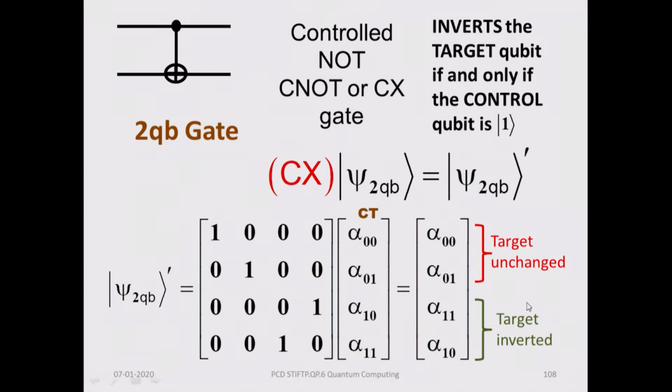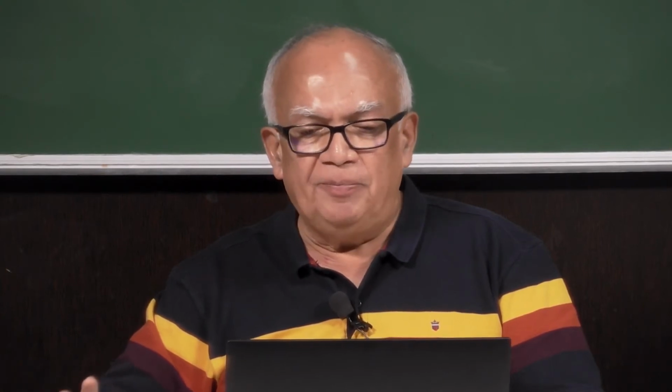And here these states have the control qubit as 1 and the target is 0 and 1. So, this 0 becomes 1 and this 1 becomes 0. So, this is the controlled-NOT gate, okay, because the 0 of the target state goes to 1 and the 1 of the target state goes to 0. So, it is a NOT gate on the target qubit provided the control qubit is in the state 1.